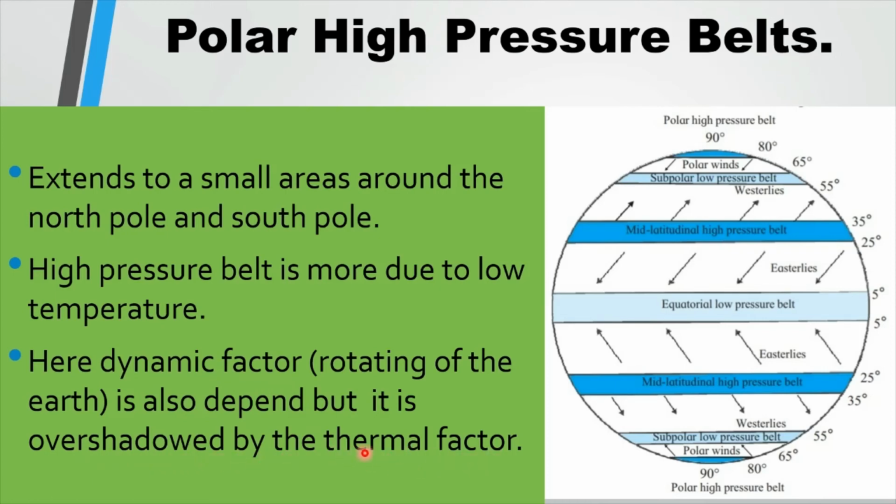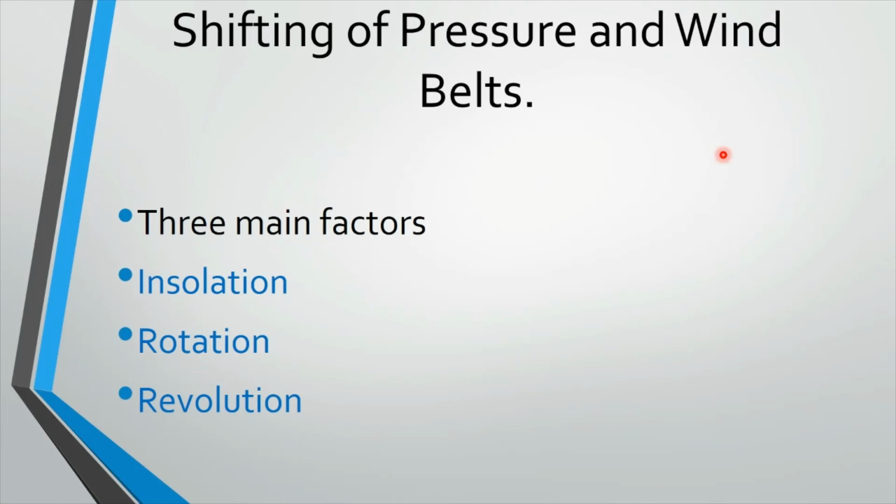Don't think thermal means temperature is high; thermal here means temperature is very low, that is why this factor overshadows more. This is the leading factor over the dynamic factor. So even though dynamic factor is there, rotation is there, still it is having high pressure. Okay. So I hope you understand up to this.